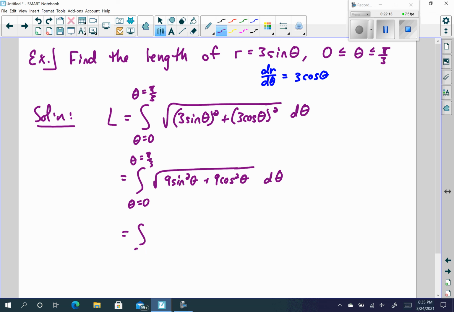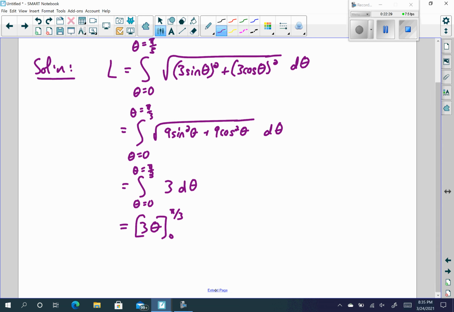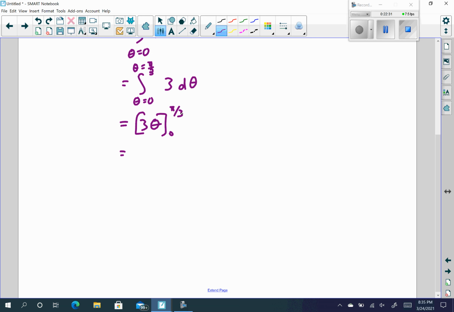So we get the integral from 0 to pi over 3 of the square root of 9, which is 3 d theta. So then we're going to get 3 theta from 0 to pi over 3. So that'll just give us 3 times pi over 3, which is pi, minus 0. So we get pi.